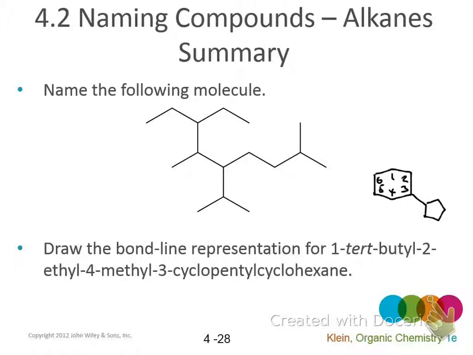And then on 4, I will put a methyl. Oh, kind of missed, but that's good. And on 2, I will put an ethyl. And then on 1, I will put a t-butyl, and a t-butyl group usually looks like that, because it doesn't have to be quite so long. Like that.